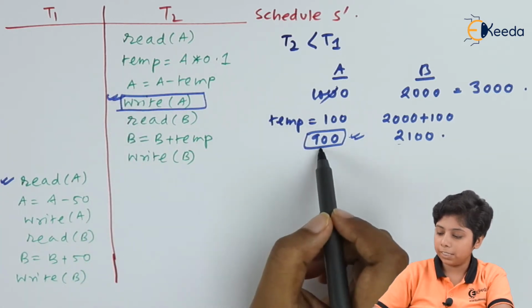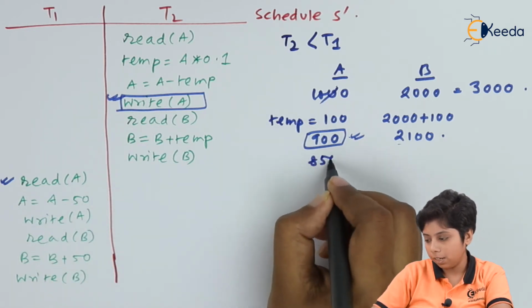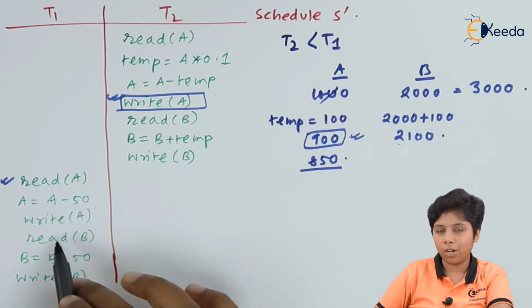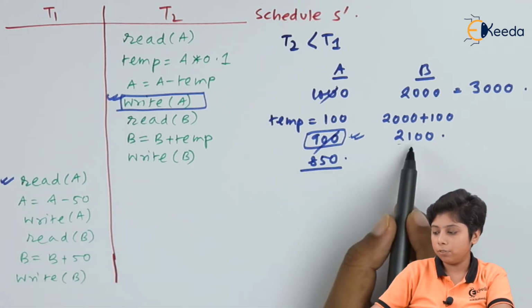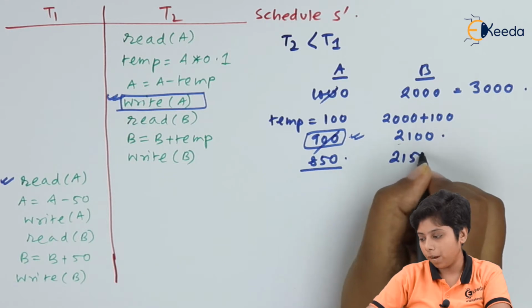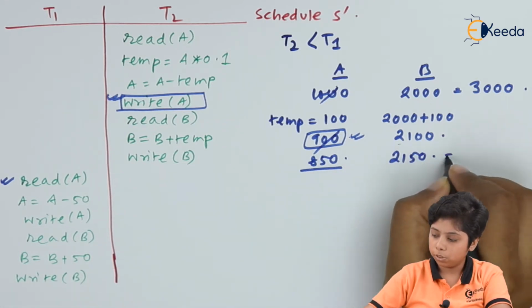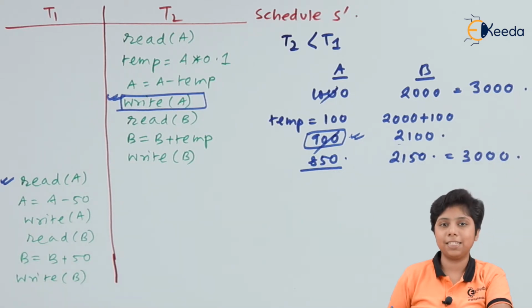So now we are reading 900, A equals A minus 50, that means 850. We are writing this value to A, that means 850 is my final value for A. We are reading the value of 2100 plus 50, that becomes 2150 for this B. Now if we add these two, this will also add up to 3000. That means the data is consistent.